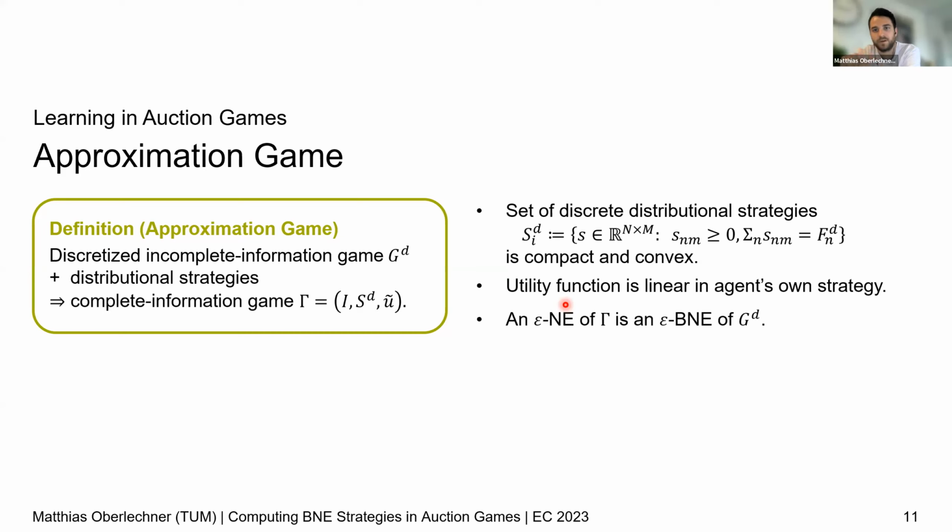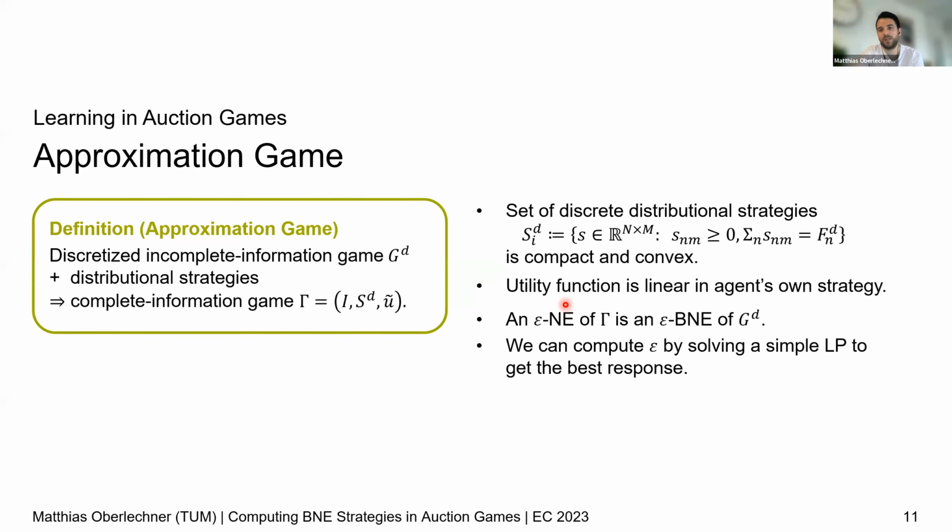And the same holds for approximate Nash equilibria and approximate Bayes-Nash equilibria. And if we have approximate Nash equilibria, this epsilon is very easy to compute in the approximation game because we only have to solve a simple LP to derive this epsilon.